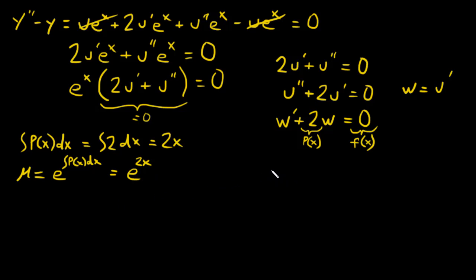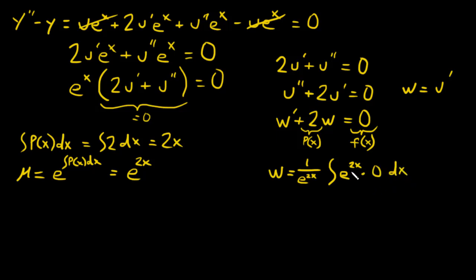W is equal to 1 over my mu, so 1 over e to the 2x times the integral of mu, e to the 2x, times f of x, 0 dx.